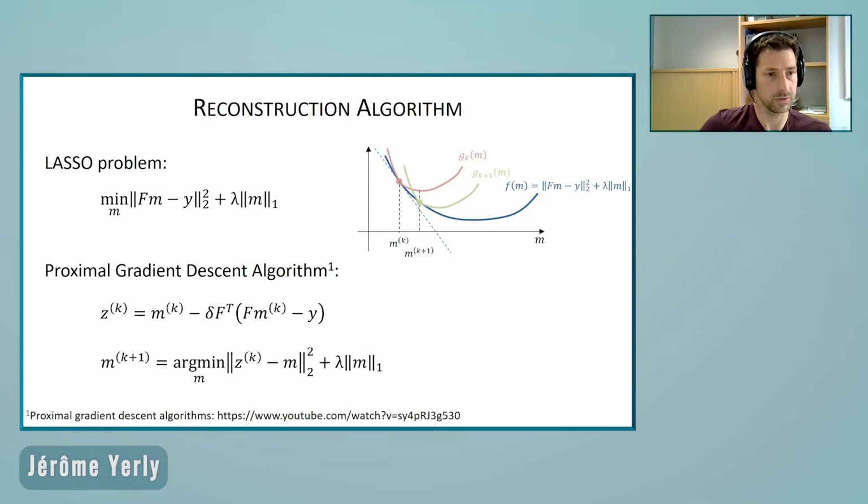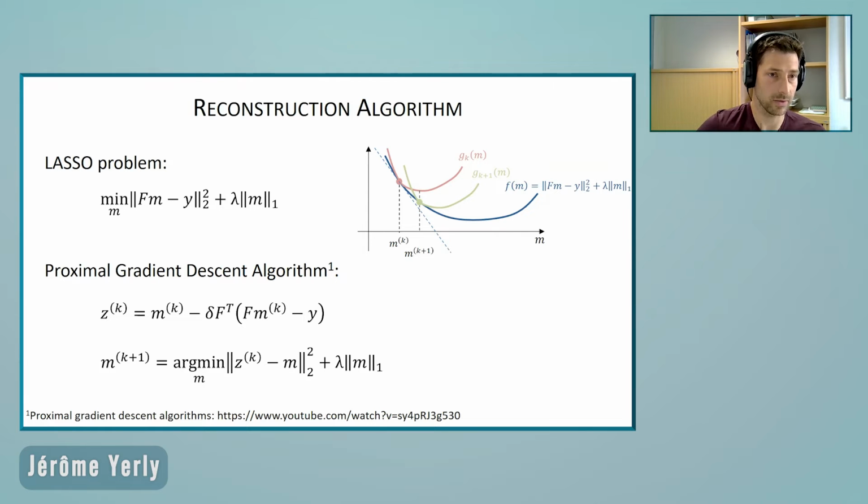I'm not going to go into too much detail, but basically this algorithm corresponds to two steps. For the first step, you can recognize that this term on the right side is simply the gradient of this L2 norm. This is a gradient step.